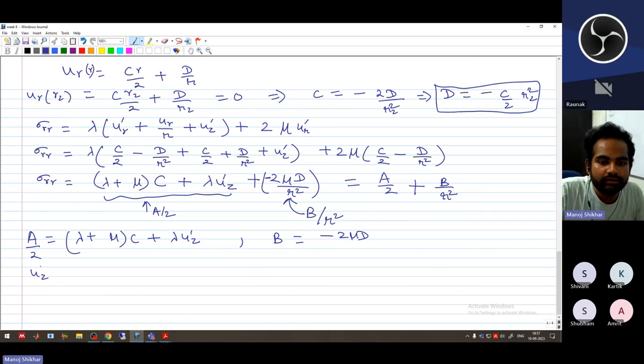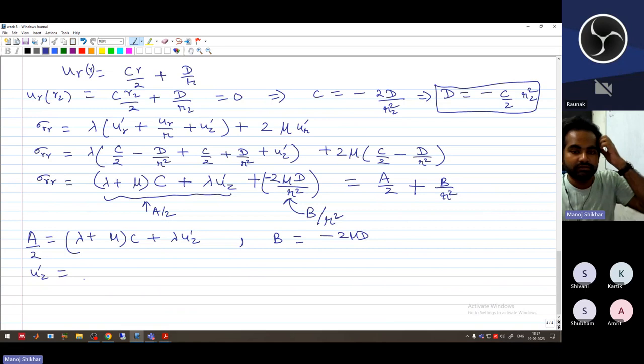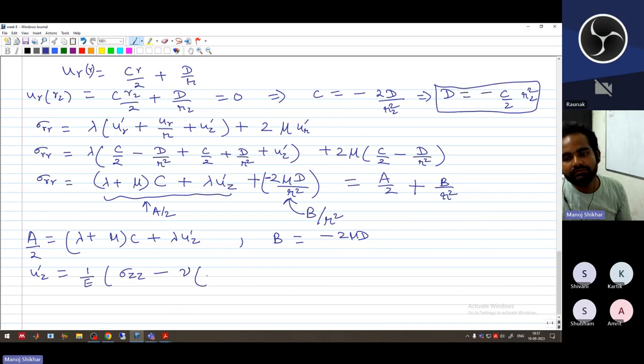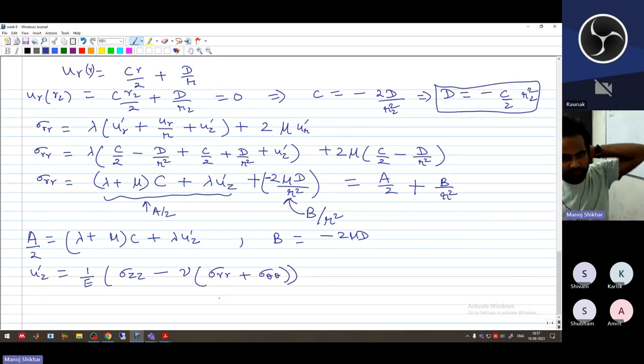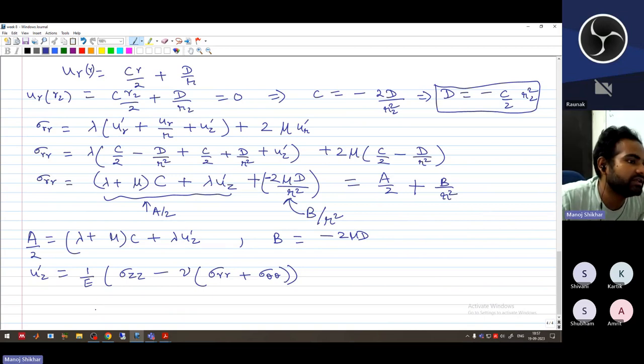We also have another expression, U prime Z, which is equal to 1 by E into sigma ZZ minus nu times sigma RR plus sigma theta theta, because U prime Z is the strain in the z direction.